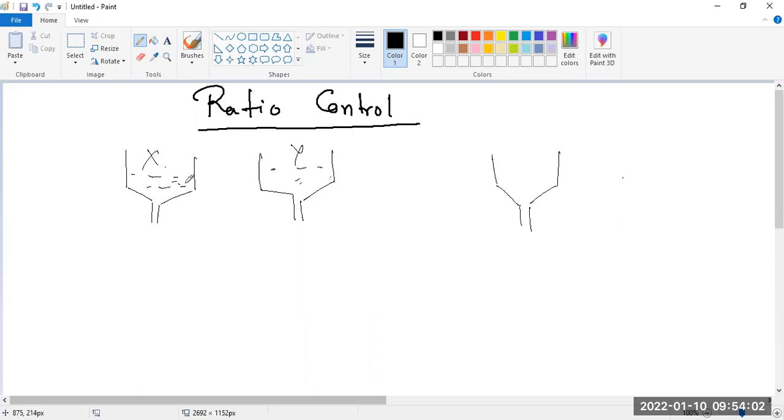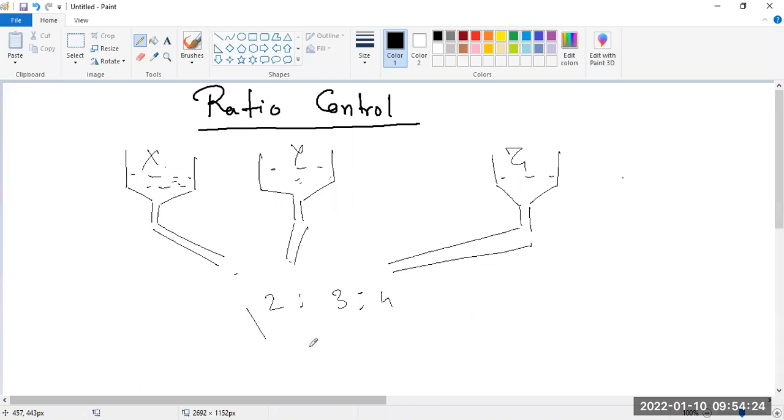Say in these things we need to make this ratio 2 is to 3 is to 4. Sometimes we directly control this ratio X is to Y is to Z.